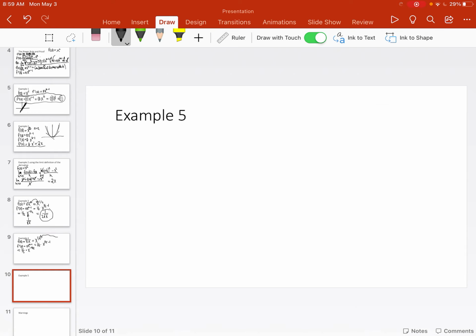So let's move on to a comparable example, but it's a little different. f of x is 1 over x. We computed this along with root x in the limit definition of the derivative section, I believe. So how do we do this?